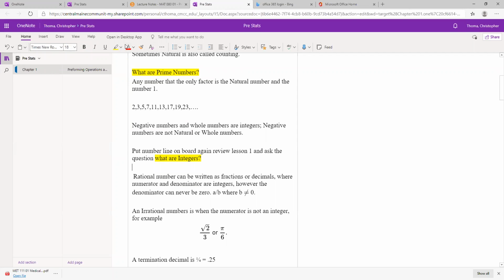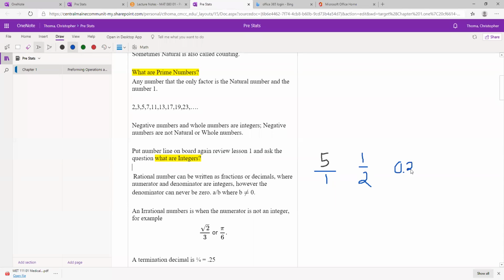If we go back to our natural numbers, the number 5 is a natural number, and I can take any number and put it over 1. Since I can put 5 over 1, I made it a fraction. 5 is also a rational number, right?